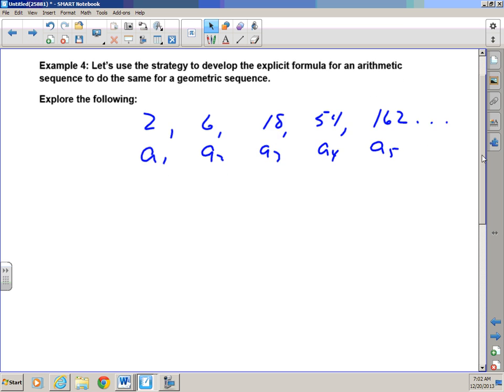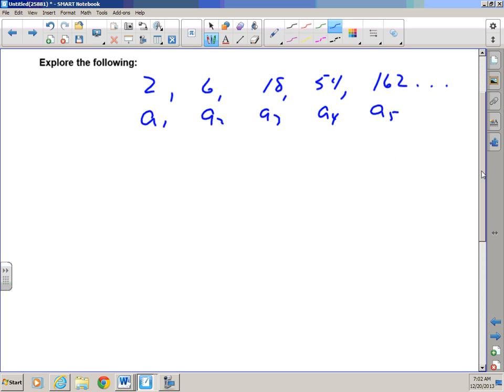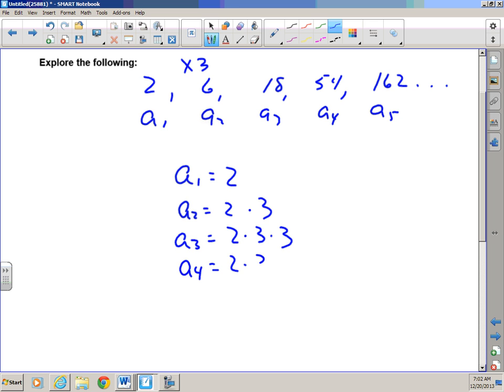Now, if we look at this, we know that a sub 1 is equal to 2. And the other thing that's important, like we did before, is our common ratio is 3. So a sub 2 is 2 times 3. A sub 3 is 2 times 3 times 3. A sub 4 is 2 times 3 times 3 times 3, which is 2 times 3 cubed. And you'll see why that's important.